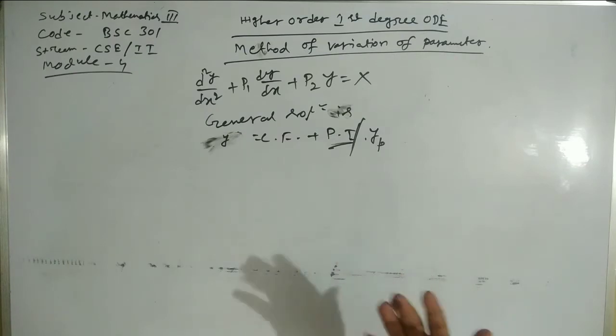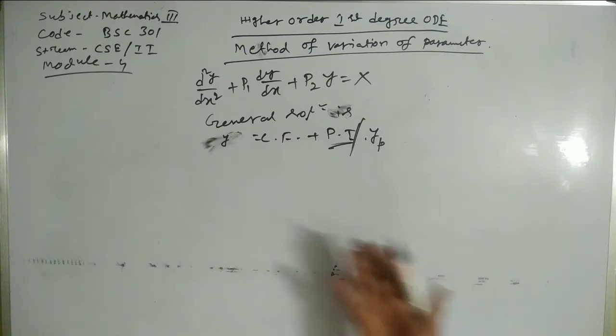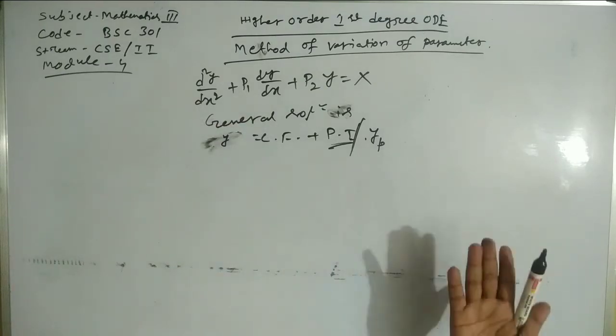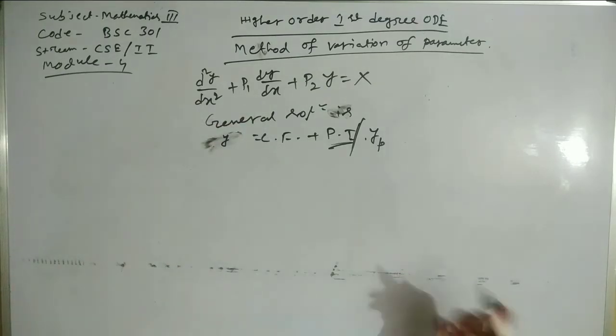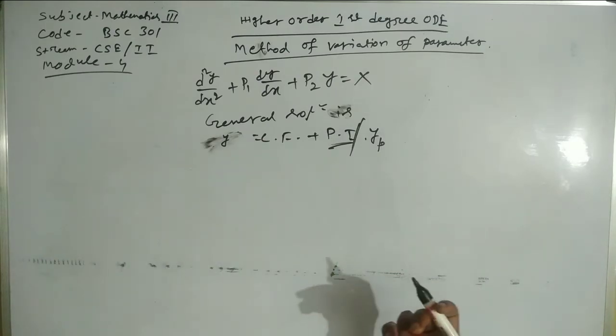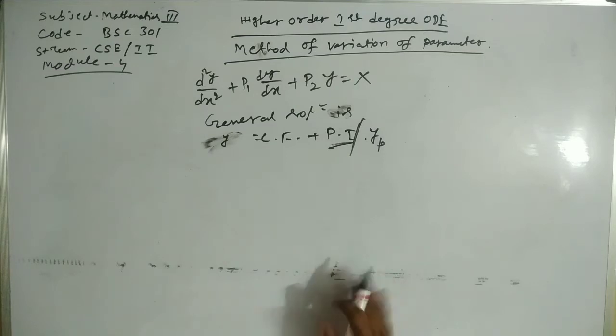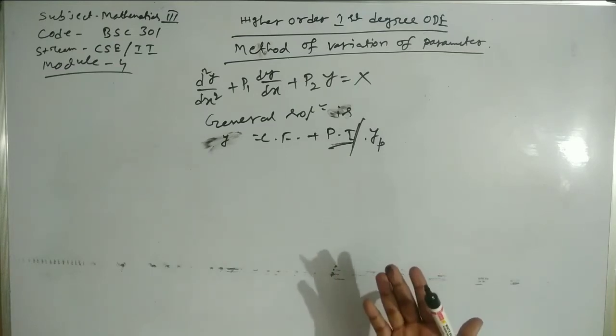After that we get two roots of the auxiliary equation. I say two roots because this is a second order equation. The number of roots depends upon the order of the ODE. So here I am dealing with a second order ODE, so we will get two roots, and depending upon the nature of the roots we get different complementary functions.